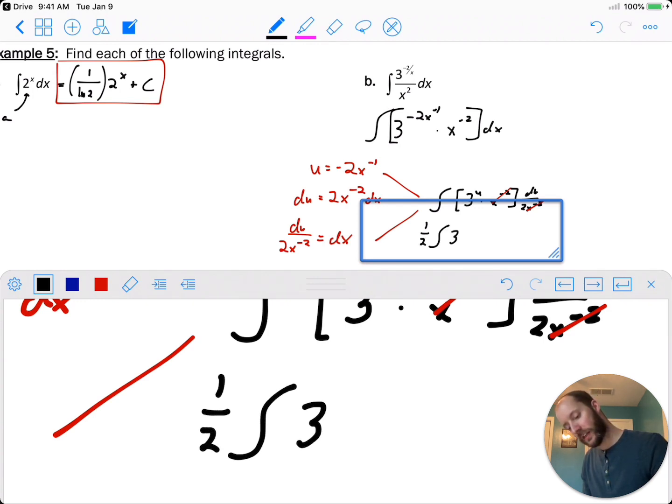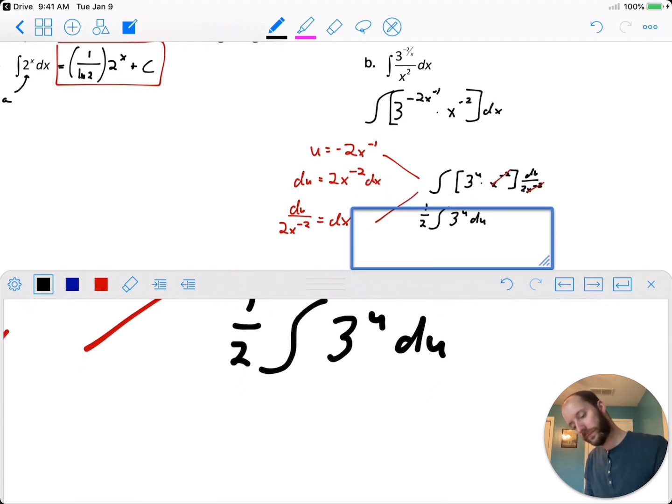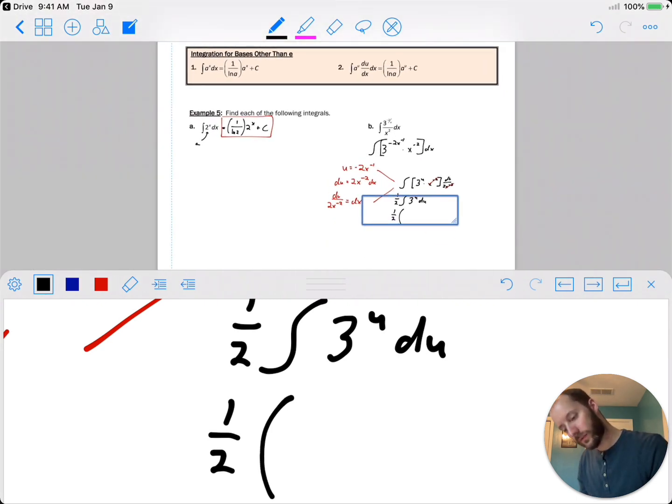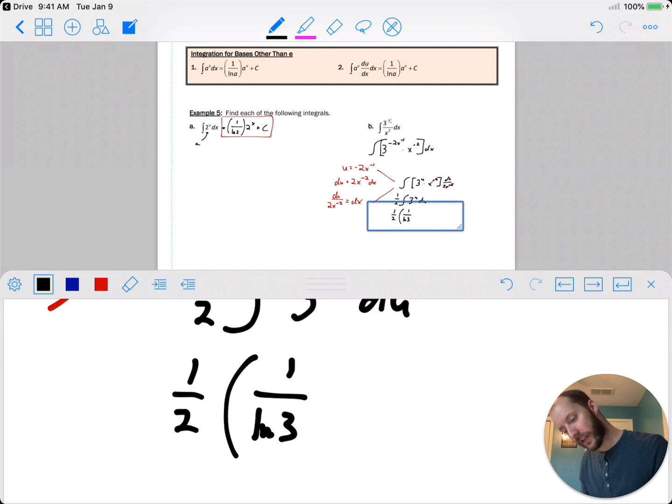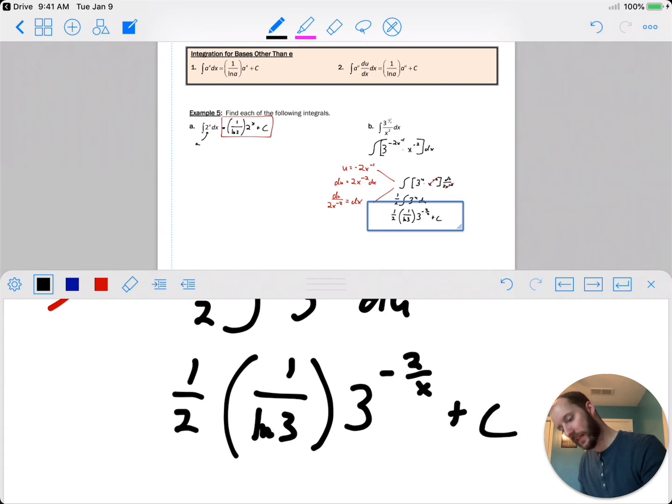Integral of 3 to the u du. That would be 1/2 times, looking at the rule, 1 over ln of 3 times 3 to the u, plus c.